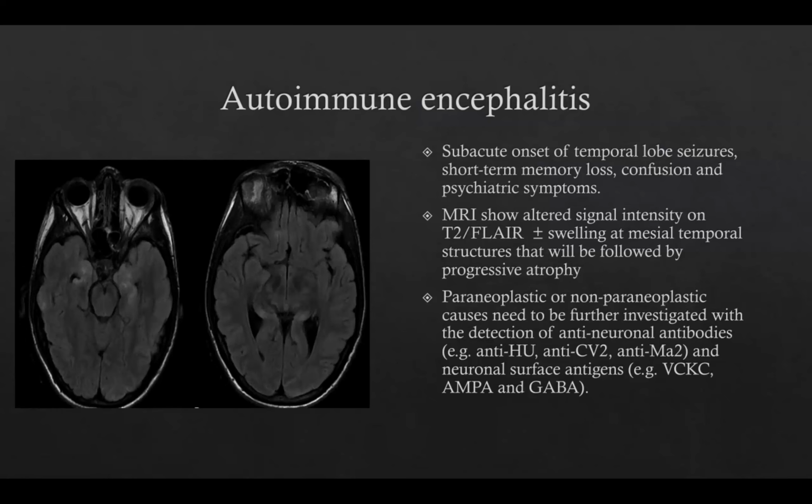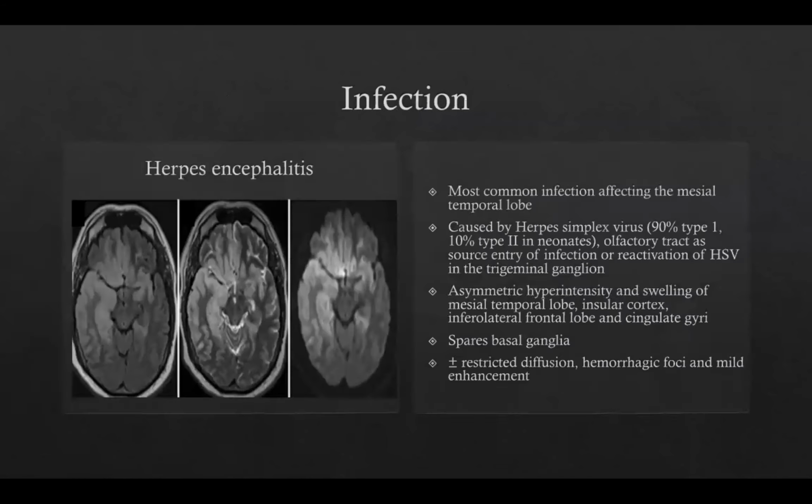On the earlier images, it will be more of swelling, more of inflammatory changes, but with time, it will show progressive atrophy. So when we're dealing with patients suspected of autoimmune encephalitis, it is also important for us to further investigate the patient for paraneoplastic and non-paraneoplastic causes.